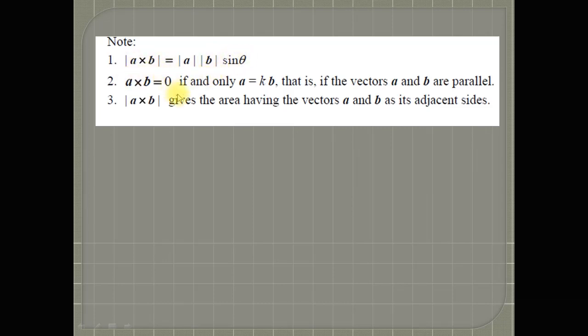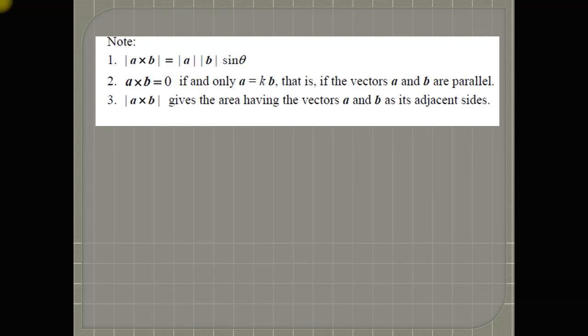And A cross B is equal to 0 if and only if A is equal to KB. A cross B equal to 0 means the two vectors are parallel, because sine 0 is equal to 0.